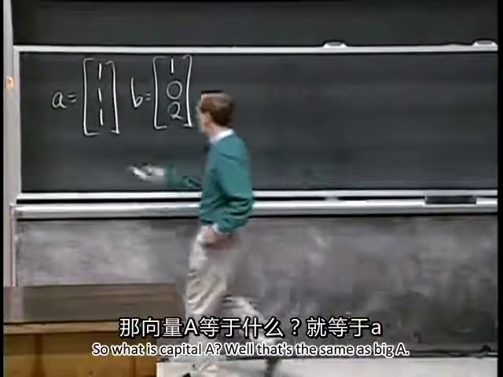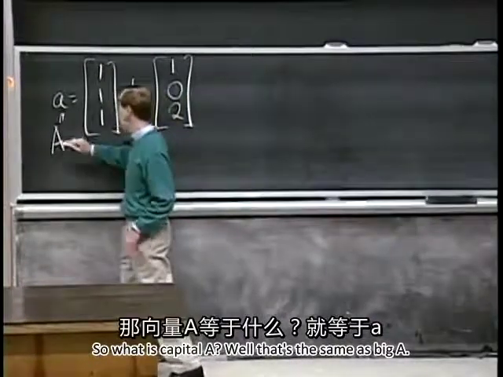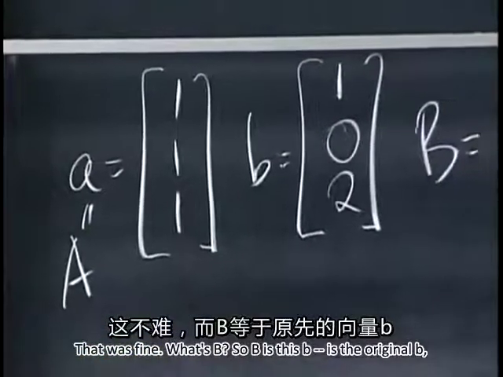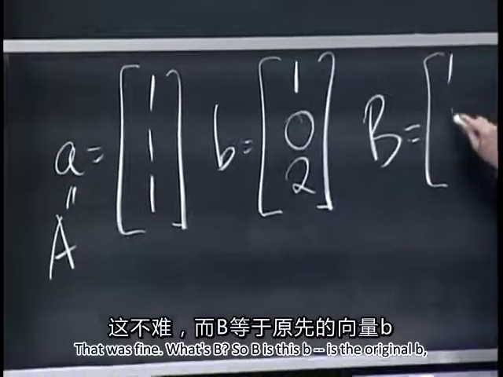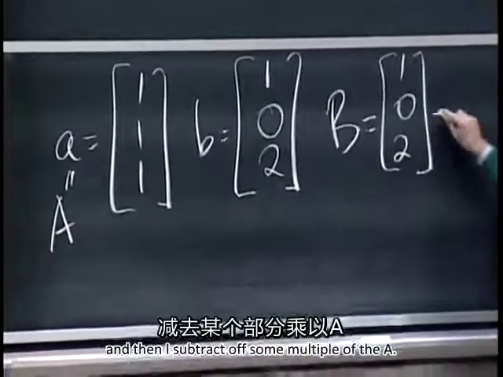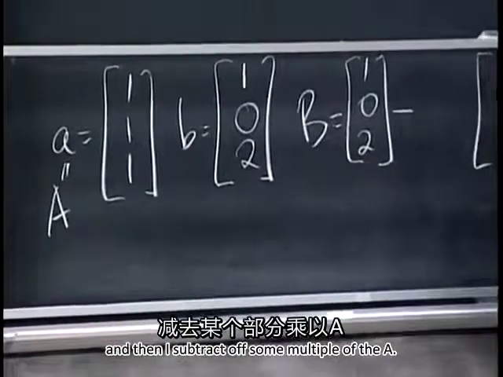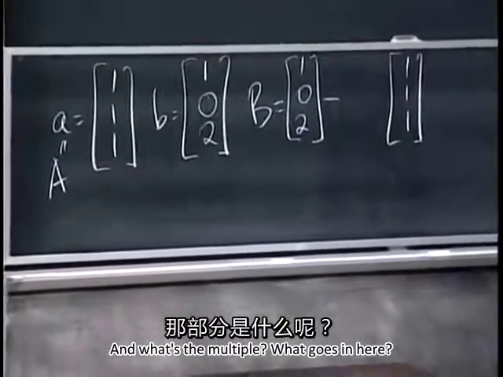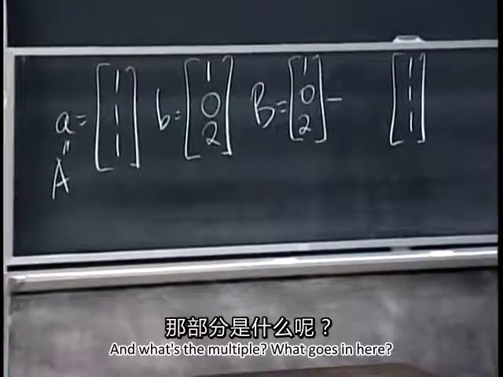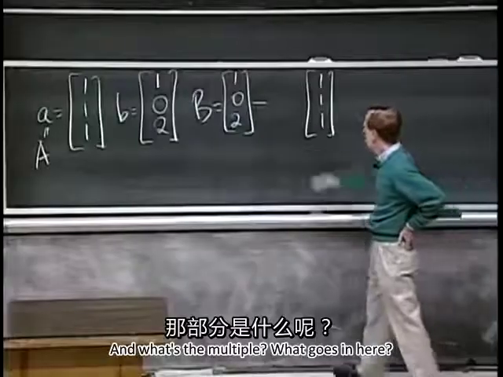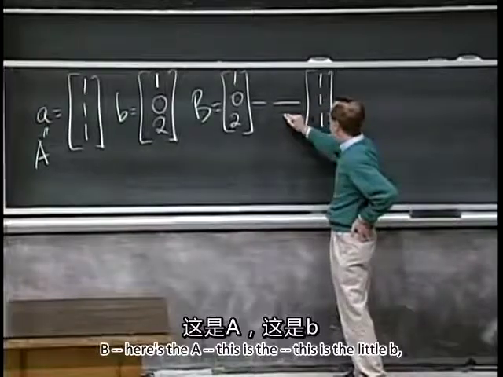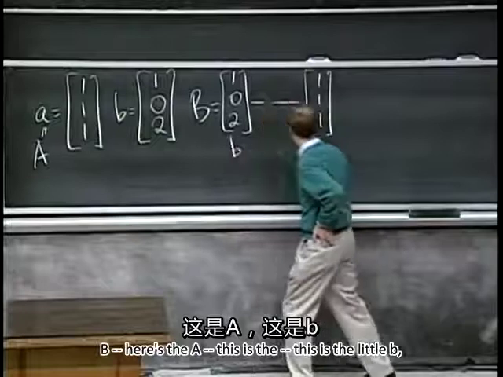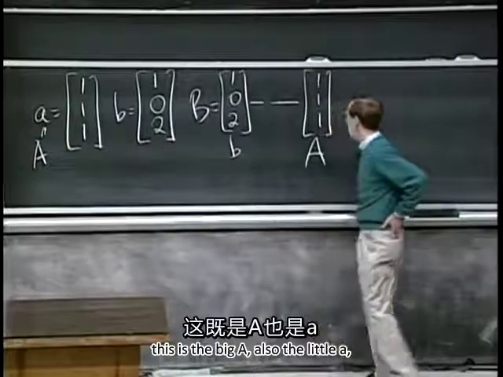So what is capital A? Well, that's the same as big A. That was fine. What's B? So B is the original B, and then I subtract off some multiple of the A. And what's the multiple? What goes in here? Here's the A. This is the little b. This is the big A, also the little a.